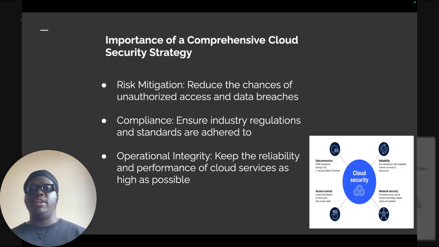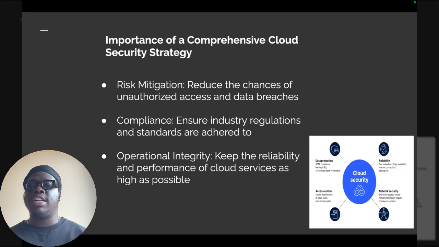All right. So second of all, we're going to ensure industry regulations and standards are adhered to, which is a compliance issue. If you're not compliant with cloud security, in the sense that you're not mitigating risk, then you're falling short of compliance regulations.